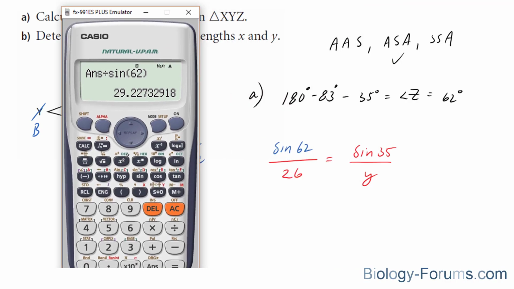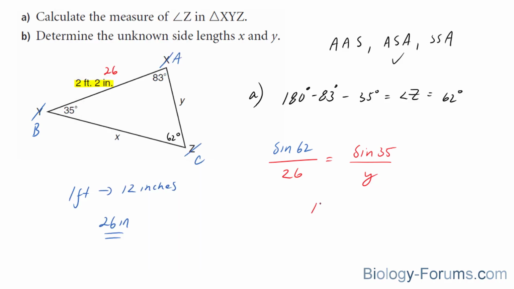We're going to have 26 times sine 35 divided by sine 62. And we end up with 16.89 as the side length that represents side Y.